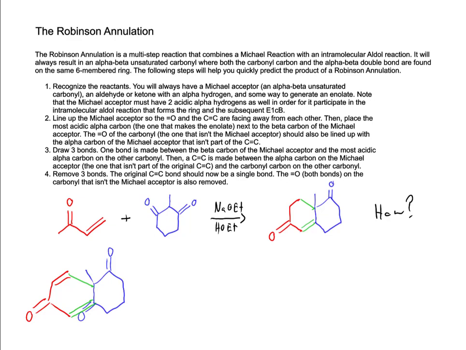And then we're going to remove 3 bonds. The original carbon-carbon double bond should now be a single bond, and the double bond O on the carbonyl that isn't the Michael acceptor is also going to be removed. So when we draw that, we're going to erase those 3 bonds. So let's draw it like this.